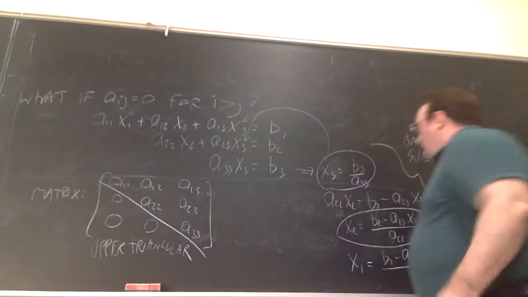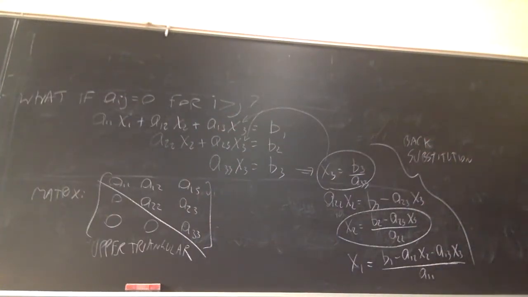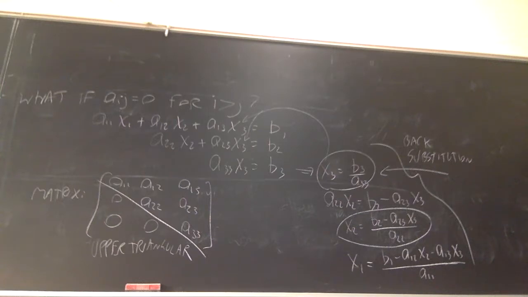Now, as far as the amount of work involved, each time we compute a new unknown, there's a little bit more work to do. If I were to count the number of arithmetic operations, or in a computer, floating point operations, also known as flops, how many do we have to perform?